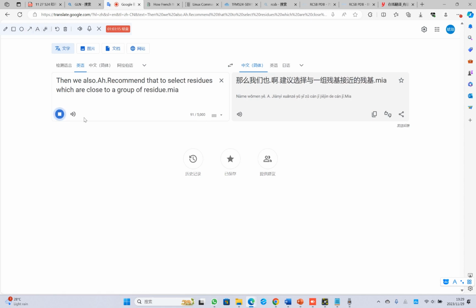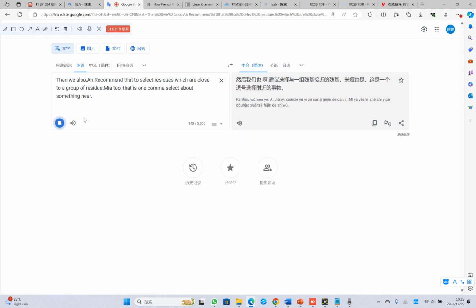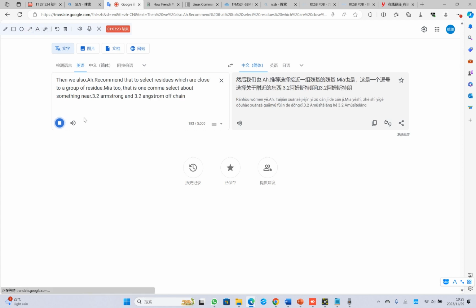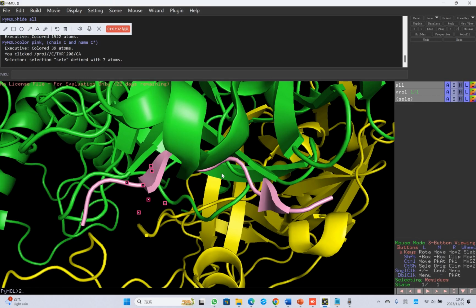Near to, that is one command, select near, 3.2 Angstrom, near to 3.2 Angstrom of AC. Try to use the command, those who are fast enough, before I show you. Okay, three of you are fast. Use the command select inside. Just now the command we use, select inside. What's the command? And rest.